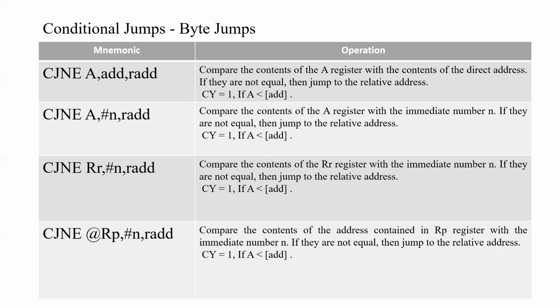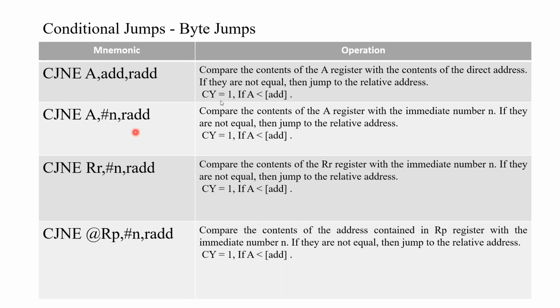And if the contents of A is less than the contents of the direct memory address, the carry flag is set to 1. Otherwise, the carry flag is equal to 0.